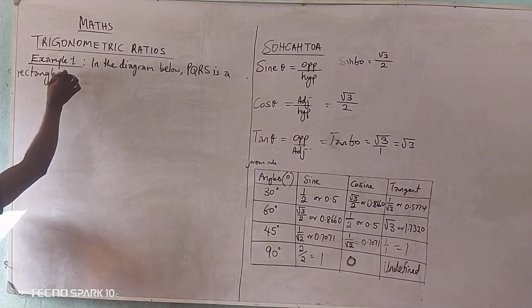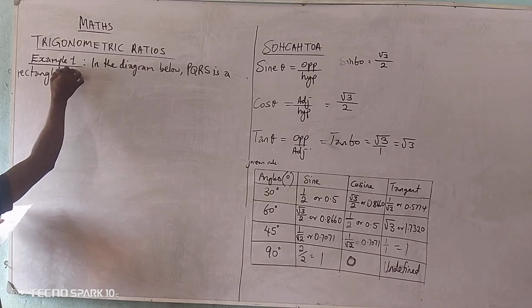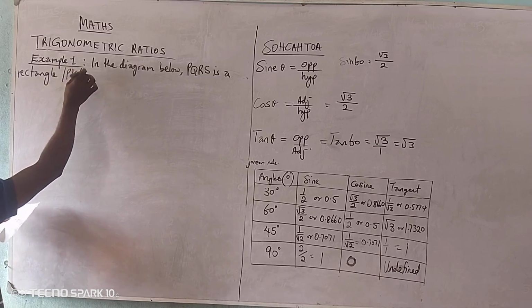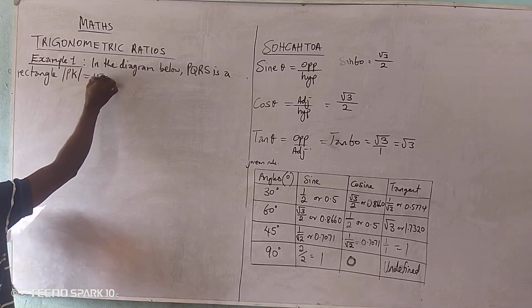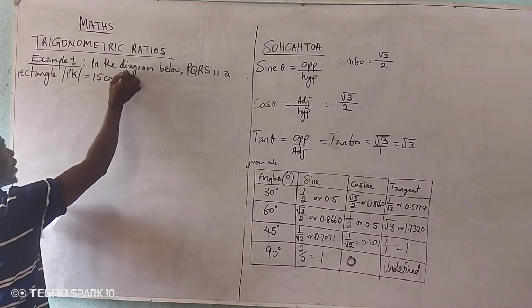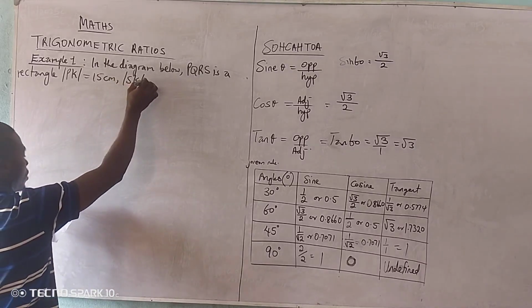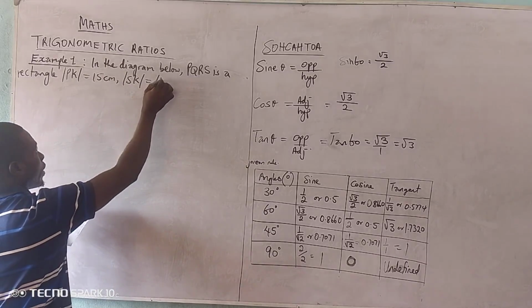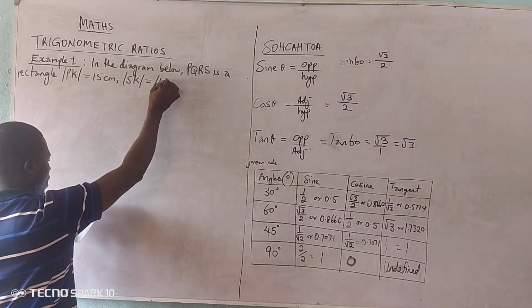Line PK is equal to 15 cm. Line SK is equal to line KR.